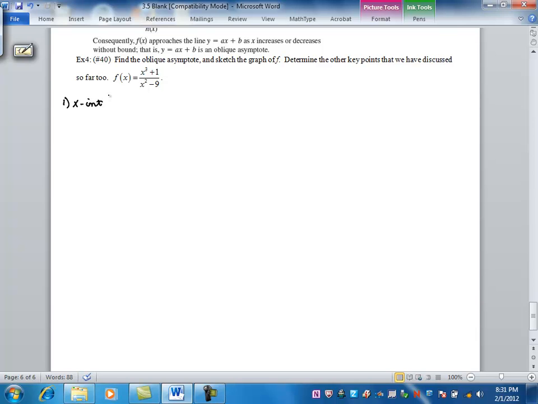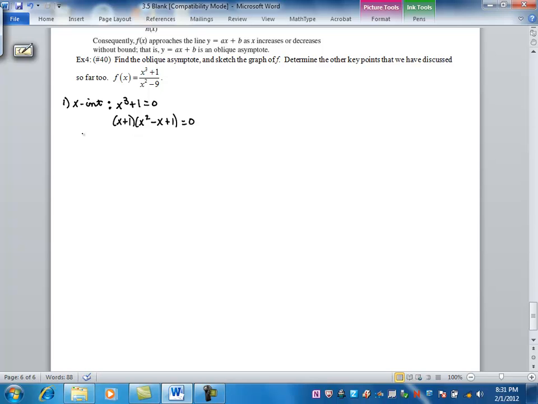Okay, and so I need to know where this numerator equals 0. x cubed plus 1 equals 0. Well, let's factor. (x plus 1)(x squared minus x plus 1) equals 0. Now guys, hopefully you've got enough experience with this by now.